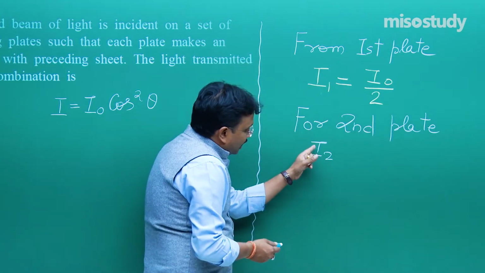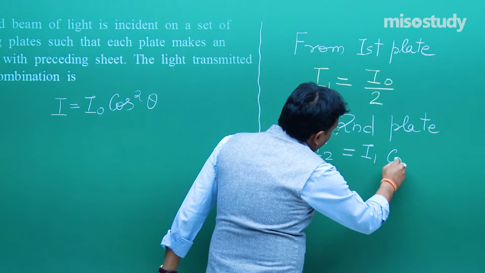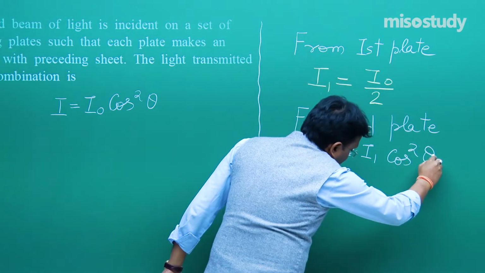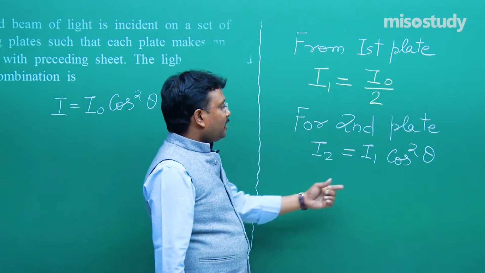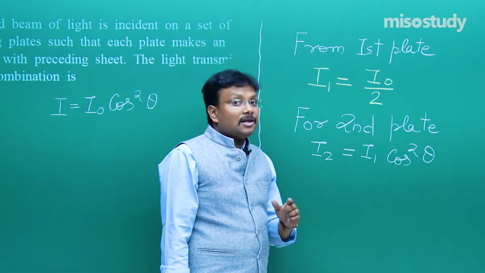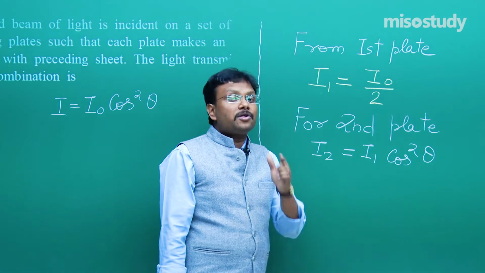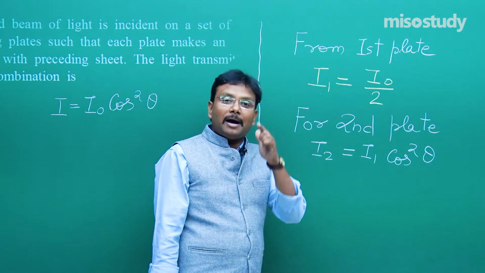So I2 is equal to I1 cos square theta. Now what is the value of theta? Pi by 3. Pi by 3 means 60 degrees and cos 60 is 1 by 2. So the square of 1 by 2 is 1 by 4.